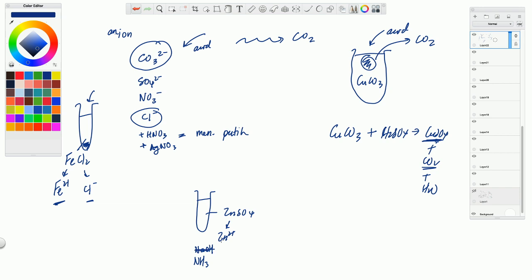Tambahkan amonia secara berlebihan, mendakan putih terbentuk, kemudian larut. Macam mana nak uji kehadiran sulfat? So, senang saja. Tambahkan asid nitrik, tambahkan barium nitrat. Okey? Akan jadi mendakan putih.